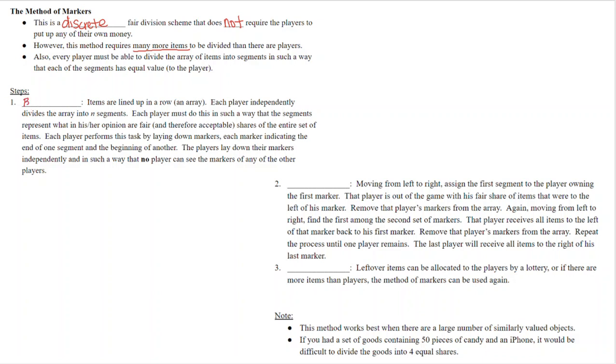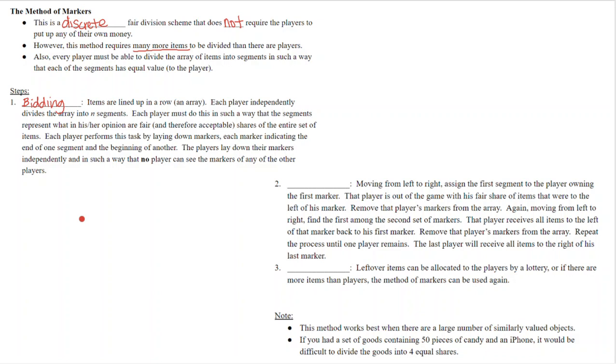First is bidding. So we are going to start by putting all of the items in a row or an array, and each player will independently divide the array into n segments. Remember, n is the number of players. And each player wants to do this so that the segments represent a fair share of the set of items.